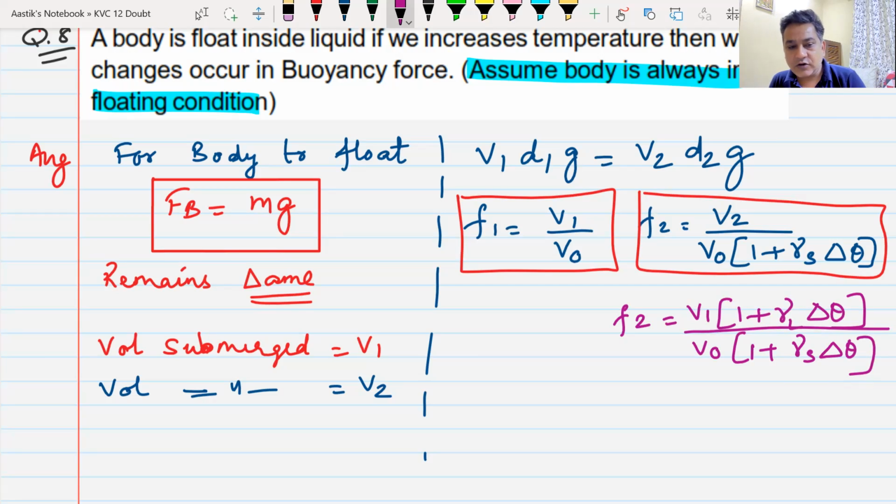Depending on the values of F1 and F2, we can find out whether the solid has gone down or the solid has come up. Do we understand this?